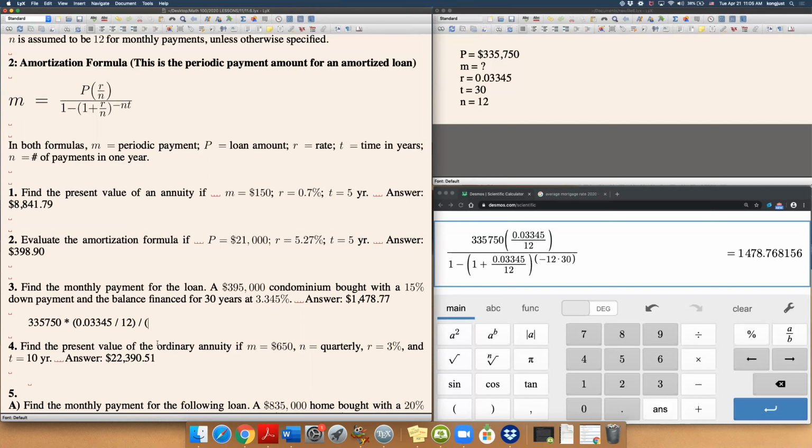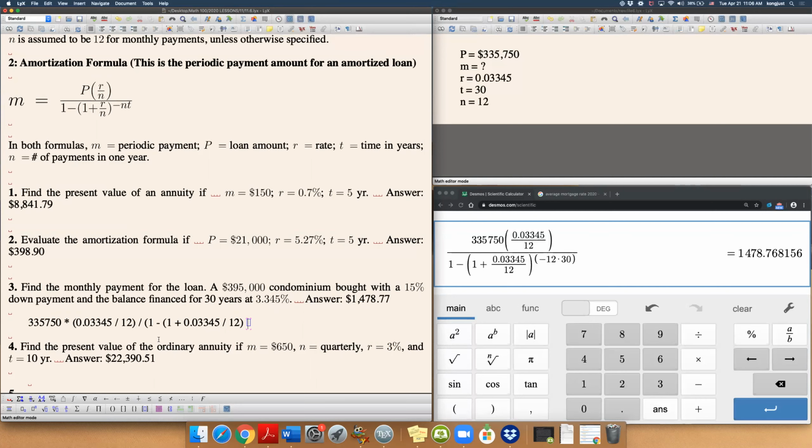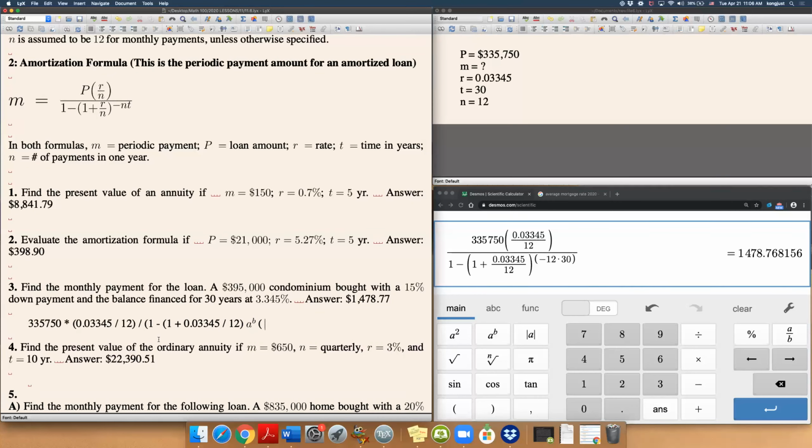So you're going to do parentheses for the denominator, 1 minus parentheses 1 plus 0.03345 divided by 12, close, and then exponent button, new parentheses, negative button, 12 times 30, close that exponent, and then close the denominator. Hit enter. So that's what you would type in.